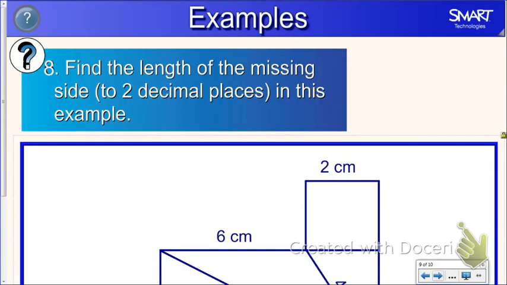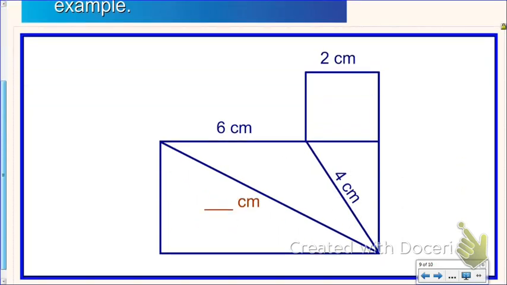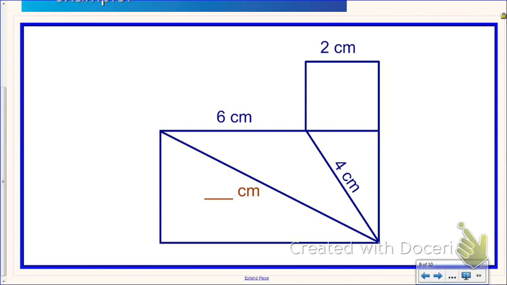Here's the most difficult picture that we have to figure out, and there's a number of steps you need to go through to figure out how to get this. Well, first of all, this side that we're looking for is part of several triangles. Eventually, it's this one here that I'm outlining that we're going to use to find that side.